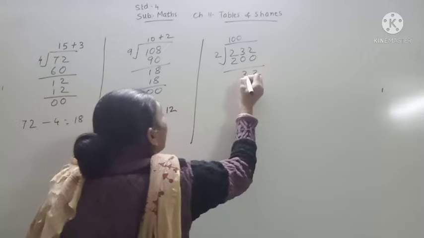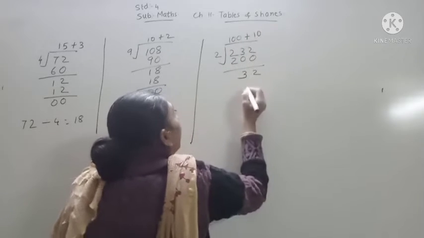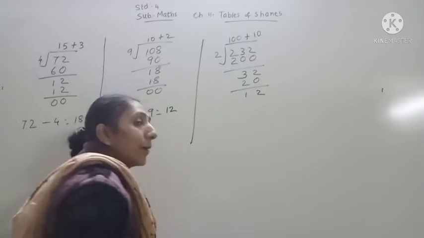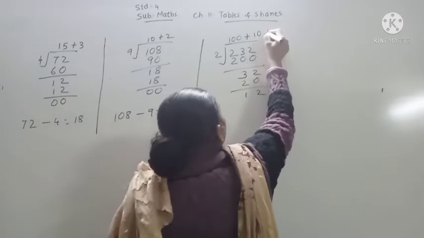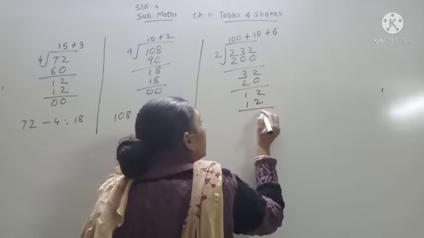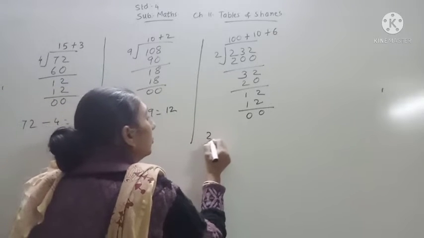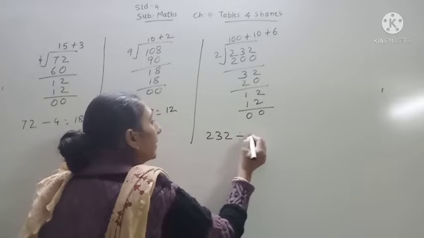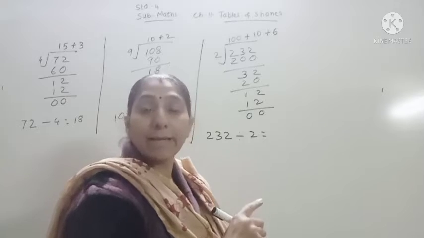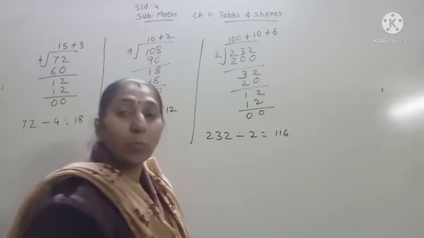Remaining 32, plus 2 10s are 20. 12 left, 2 6s are 12. 0 0. So what will be your answer? 232 divided by 2 is equal to 100. 100 plus 10, 110. 110 plus 6, 116. What will be our answer?